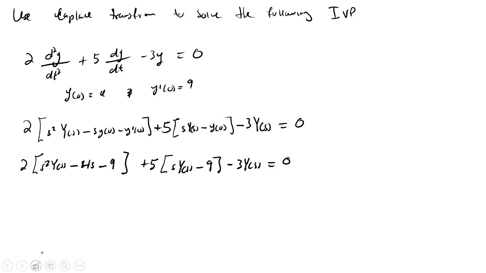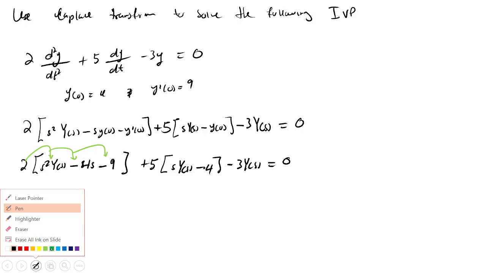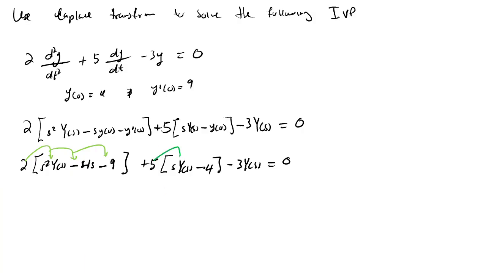Now the third thing, I'm going to distribute. Oh, y of 0 is 4. Thank you so much, it shows that you guys are focused. It's 4. And then the second thing, we're going to distribute this constant inside our brackets.